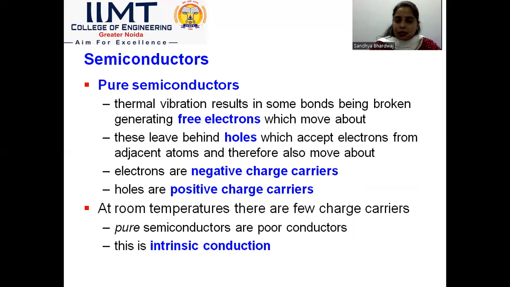Electrons are negatively charged carriers and holes are positively charged carriers. At room temperature, there are few charge carriers, so pure semiconductors are poor conductors. This is intrinsic conduction.